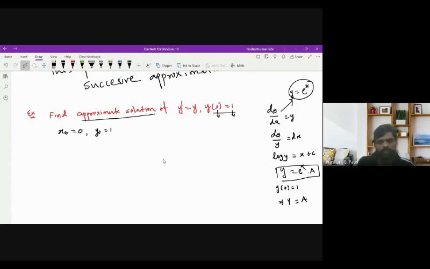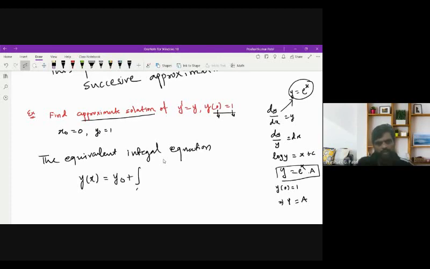So as per this, the equivalent integral equation, what we have is y of x is equal to y0 plus integration x0 to x f of t, y of t dt.